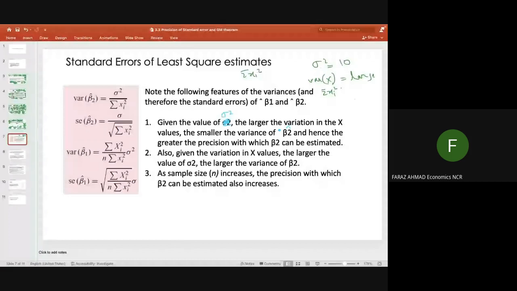Let me put it like this. The greater the summation of small xi squared, for a given sigma squared, the smaller the variance of beta 2 hat.